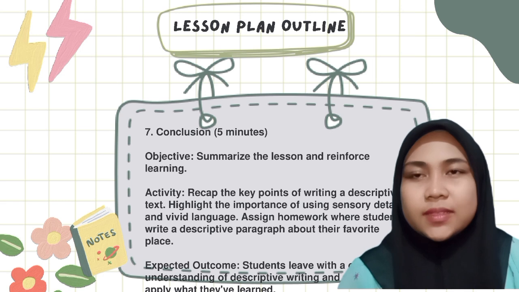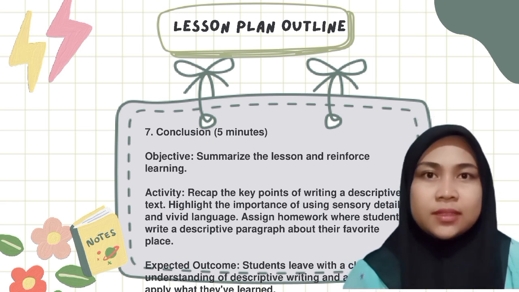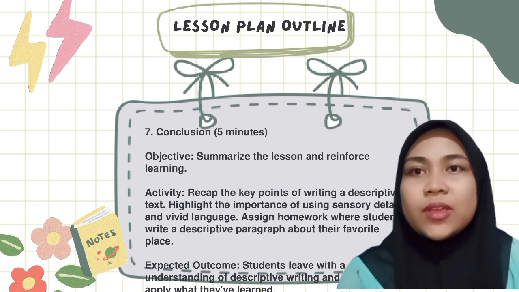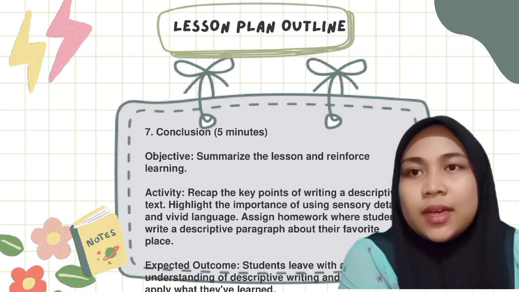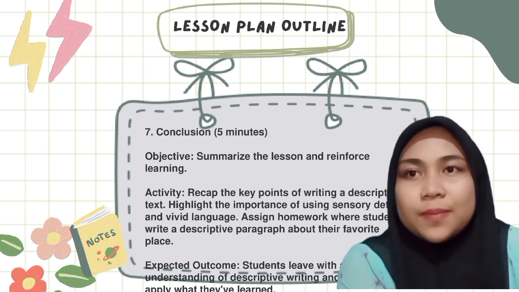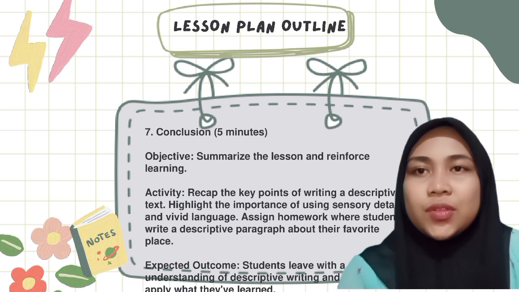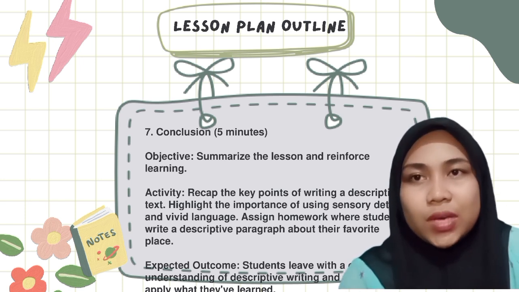The last activity is the conclusion, within 5 minutes. The aim is to summarize the lesson and reinforce the learning from beginning to end. The activity is to recap the key points in writing descriptive text. Note the importance of using sensory details and clear language.